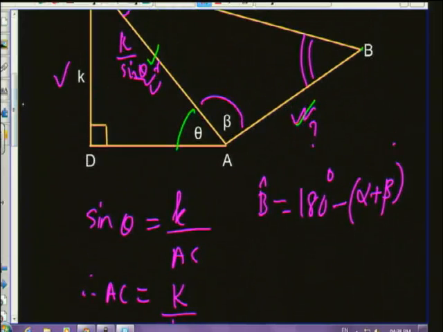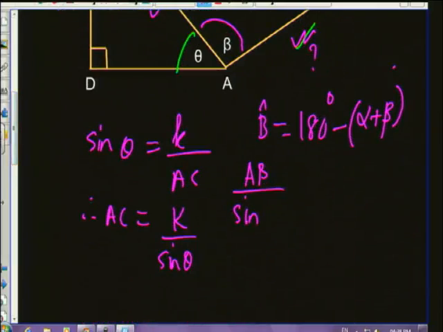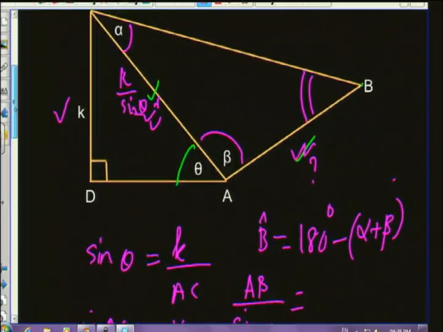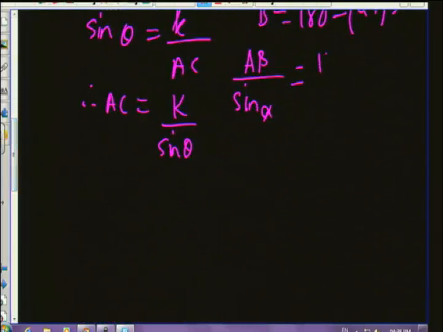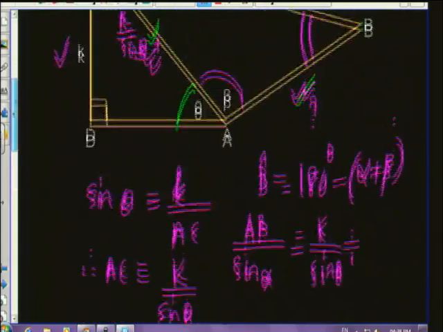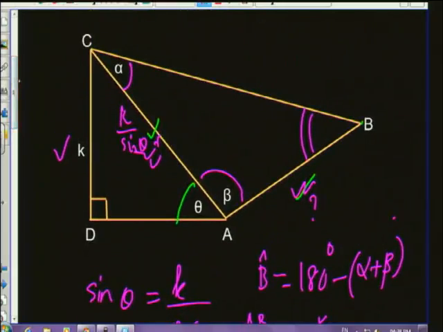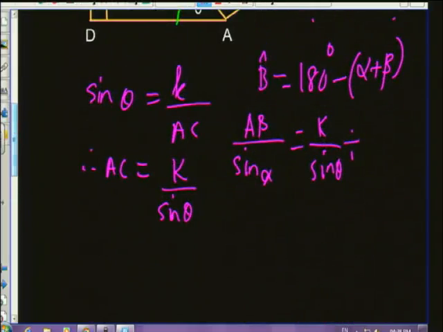Now, what we can do is say AB divided by sine of the angle that is opposite AB, which is alpha, equals, what else is known here? It's K divided by sine theta. So K divided by sine theta, divided by sine of the angle, so sine of 180 degrees minus alpha plus beta.